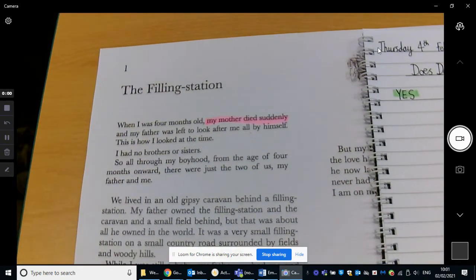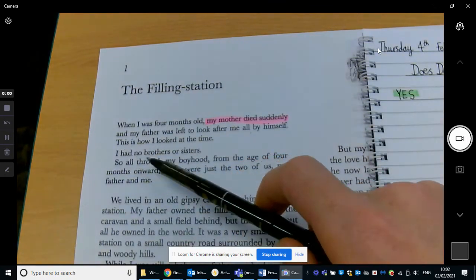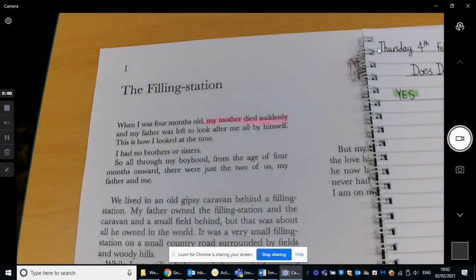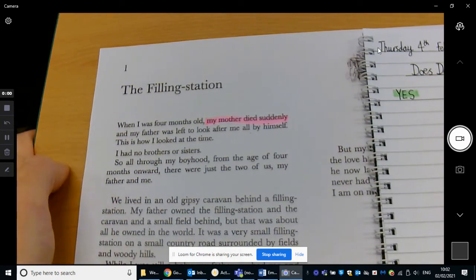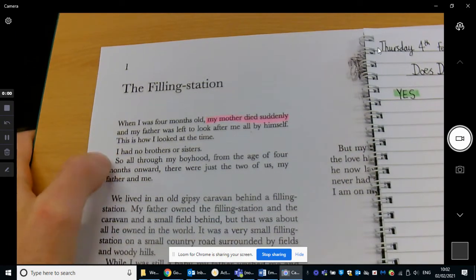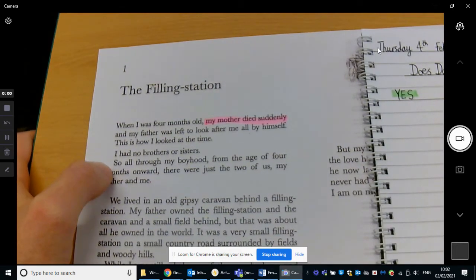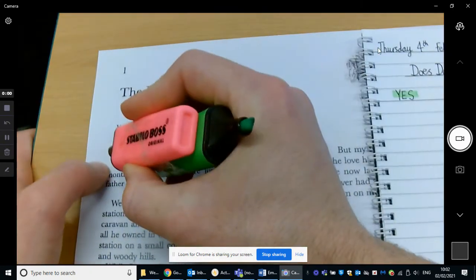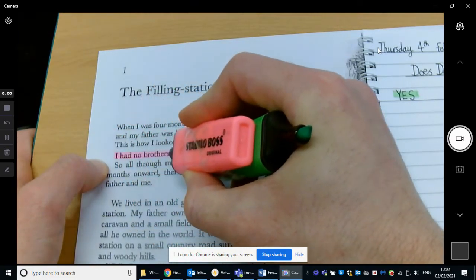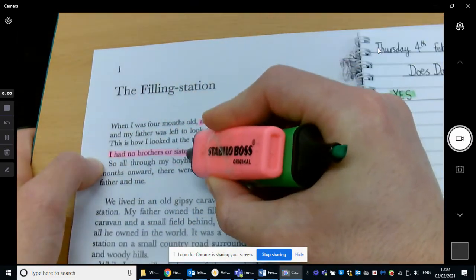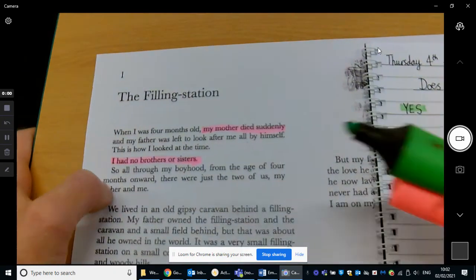Do we have anything else there? Well, I think we do. It says here that I had no brothers or sisters. Now, some of you may have brothers or sisters and think, wow, that sounds like an incredibly good thing. I'd love to be an only child. Some of you might think that that sounds awful, not having any. So that's sort of down to personal preference. I've got 2 brothers who personally I love having around. So I'm going to say that not having any brothers and sisters will go under a no. Not that it's necessary, not that it's a bad thing at all.